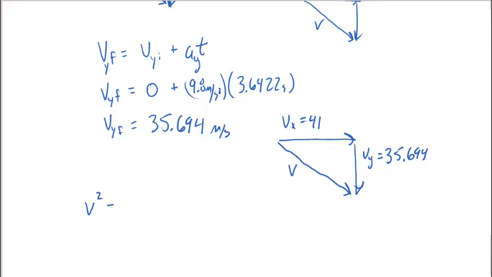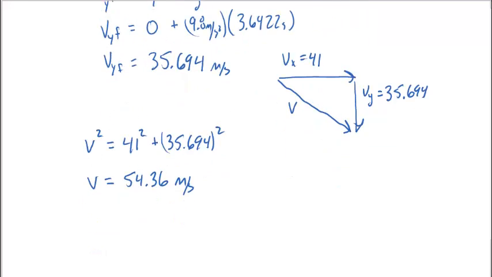It will be v squared is equal to 41 squared plus 35.694 all squared. Which gives me a final velocity of 54.36 meters per second.